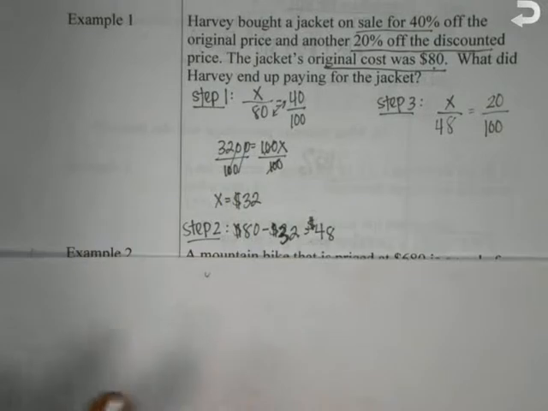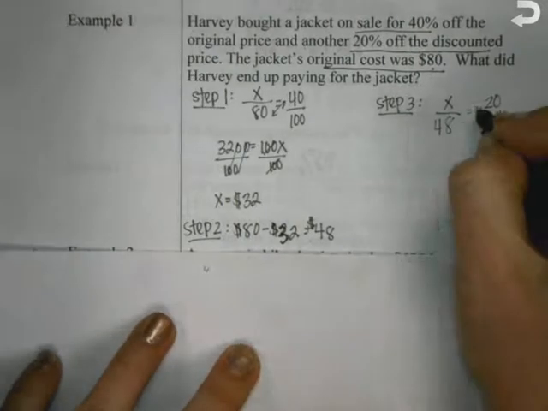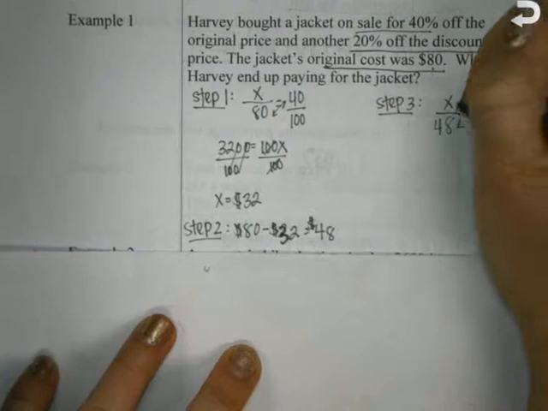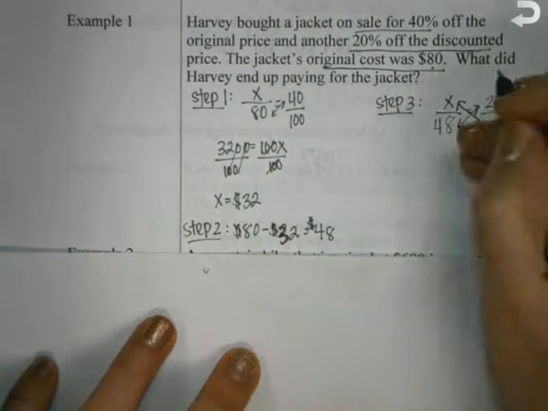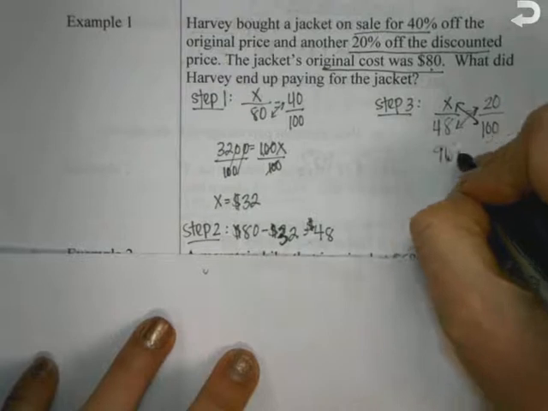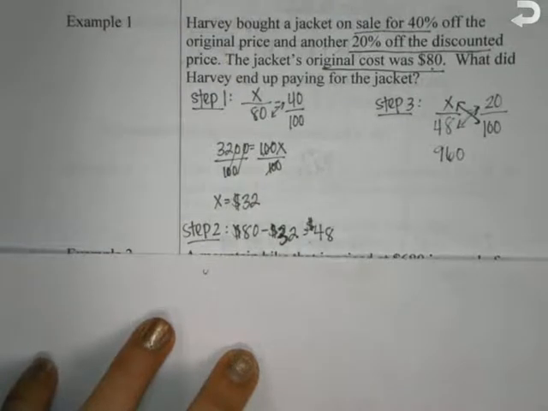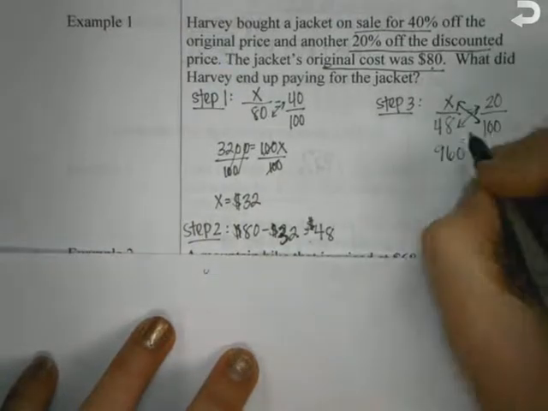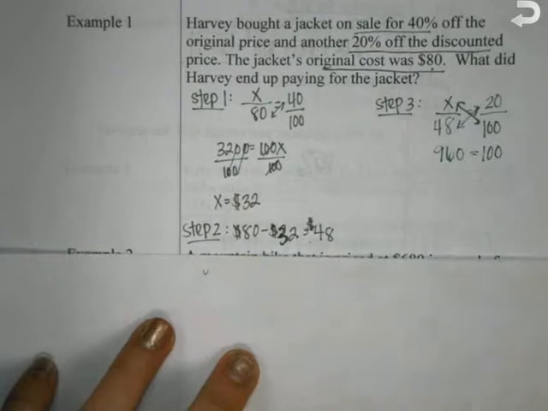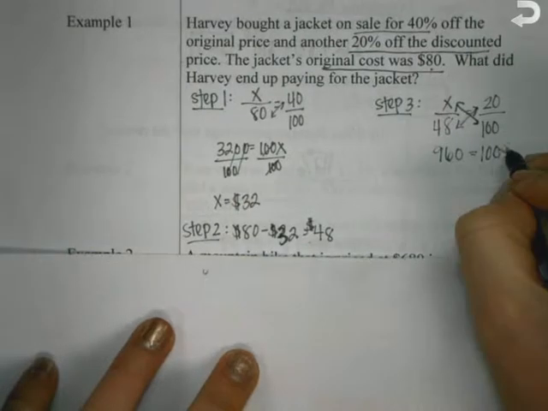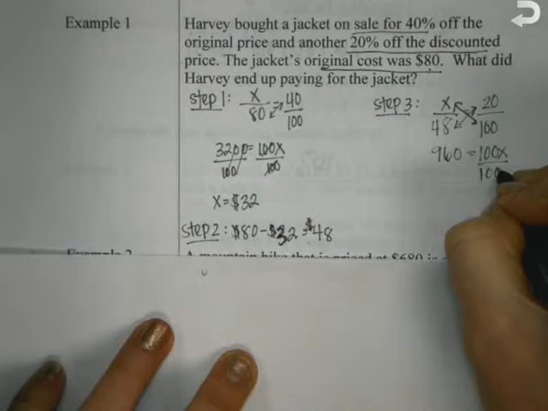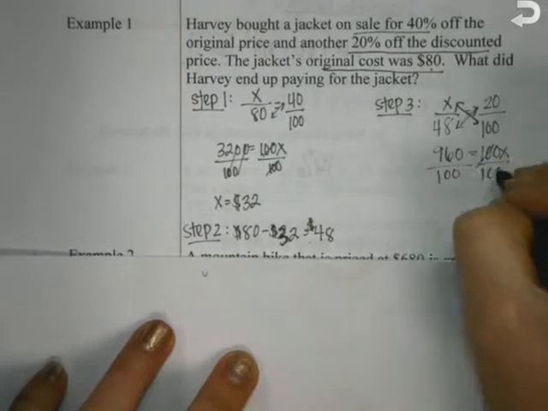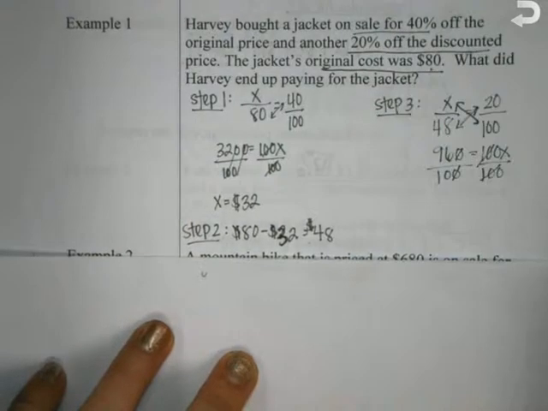We cross multiply. 20 times 48, that gives me 960, equals 100x. Divide both sides by 100. Those zeros cancel, and then we can move the decimal over 1. So x equals $9.60, right?